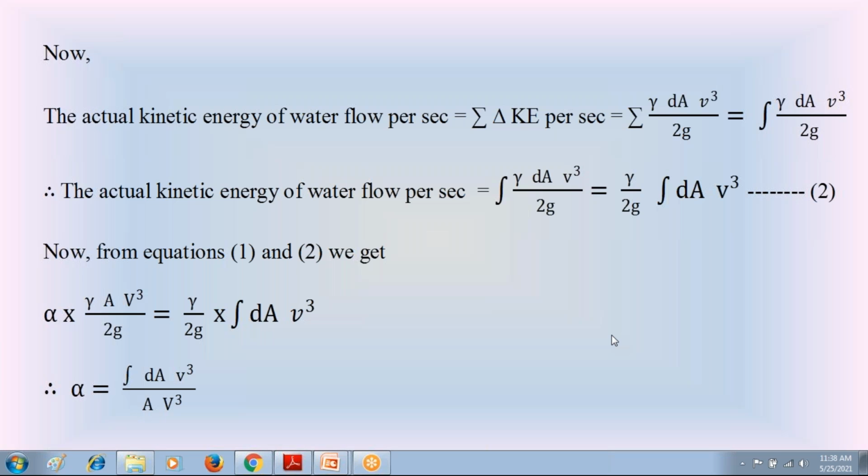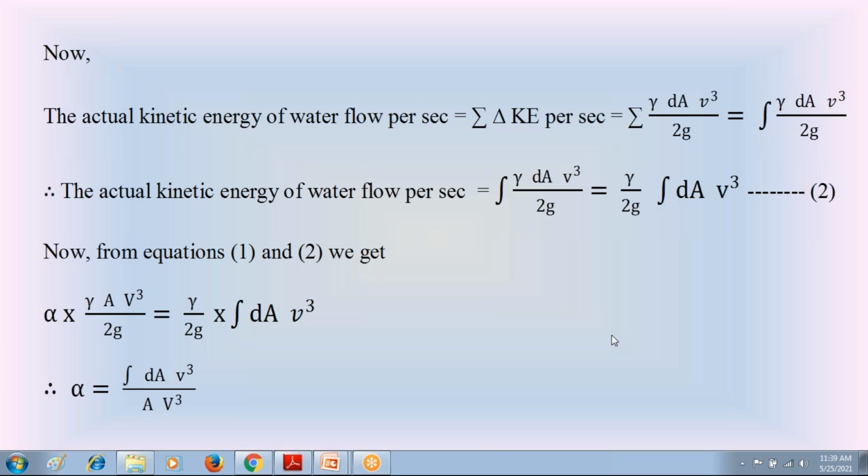Equation 1 is from the mean velocity. Equation 2 is from the water layers. We consider one water layer in the open channel and calculate the kinetic energy per second of that water layer.